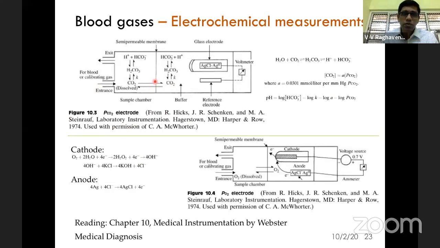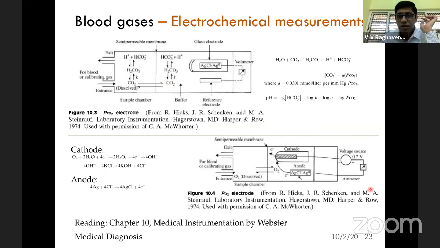But this is more like potentiometric sensing, whereas for O2, you really can't have such a nice equation. That's the reason you see involvement of an external power supply, whereas here you don't have any external power supply.